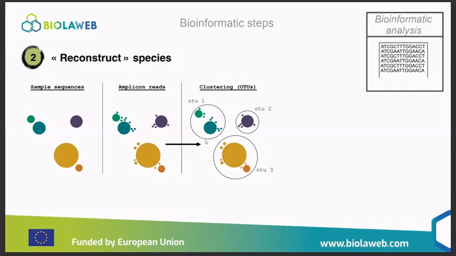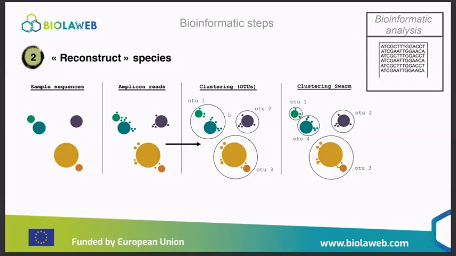But sometimes you can put two different species together that have less variation than 97%, for instance. And as it is a hard threshold, you cannot deal with the natural variability between different species. So there is another way, which is to use soft thresholds, and other algorithms were developed for that, like Swarm. But I won't get into much more detail than this.